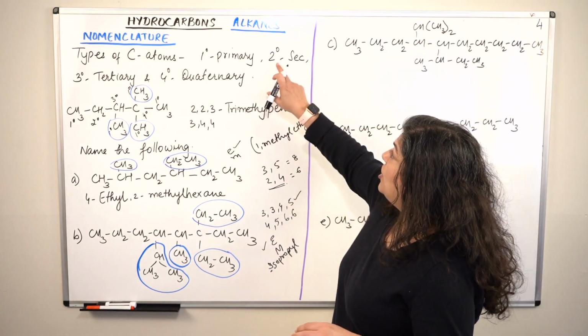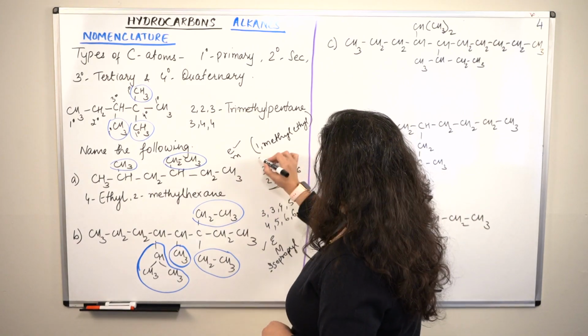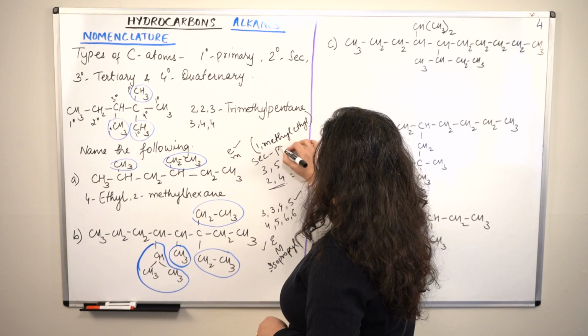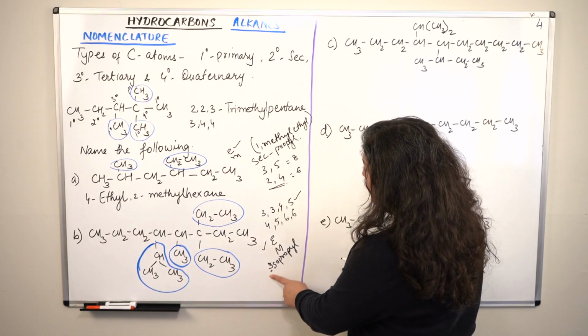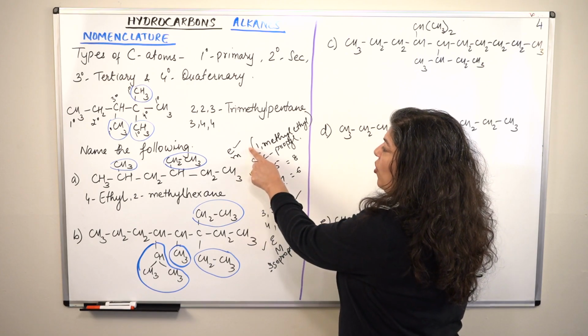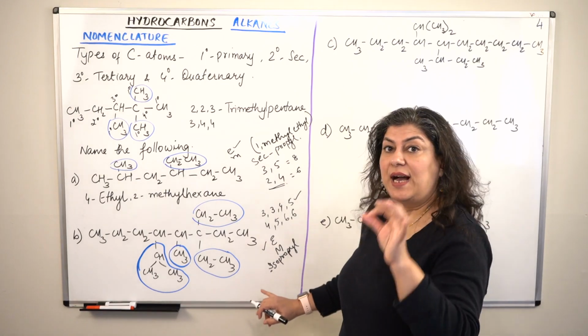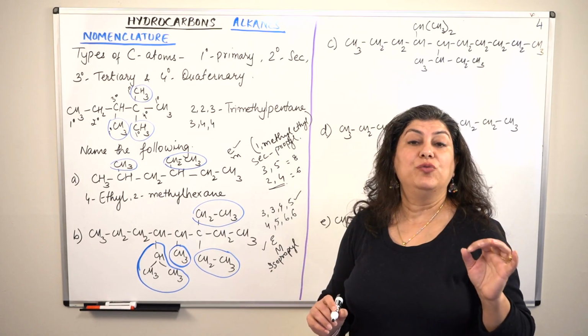If I use secondary propyl, you can either write isopropyl or secondary propyl or 1 methyl ethyl. If you write isopropyl, I will be the alphabet that you will choose.